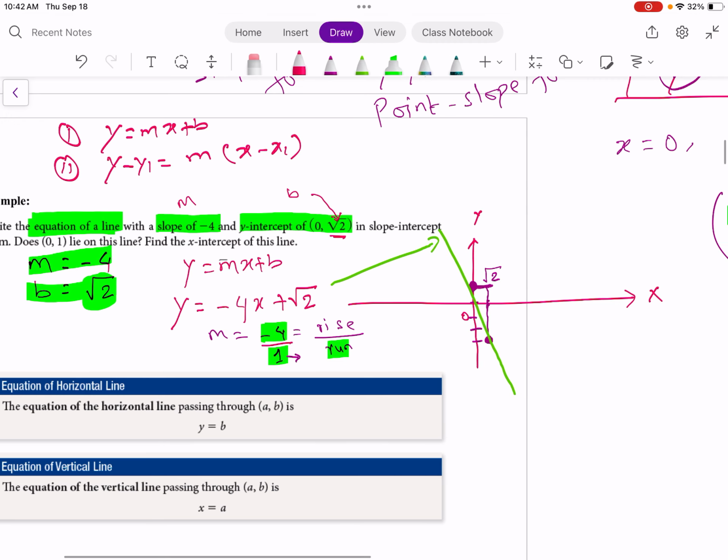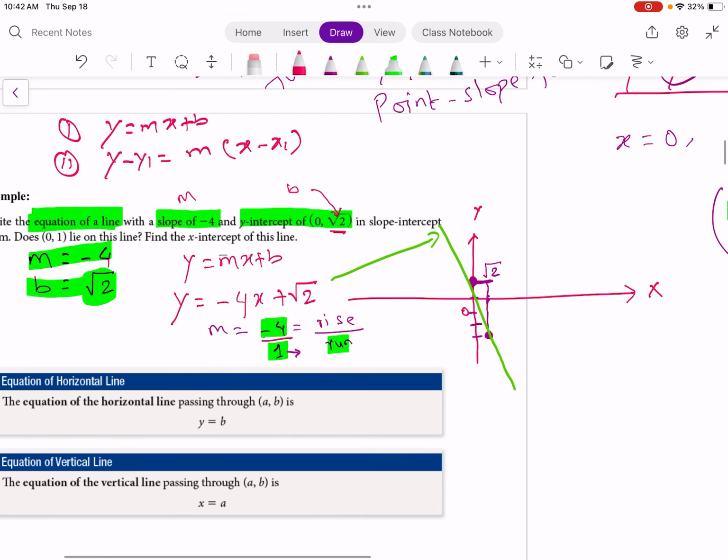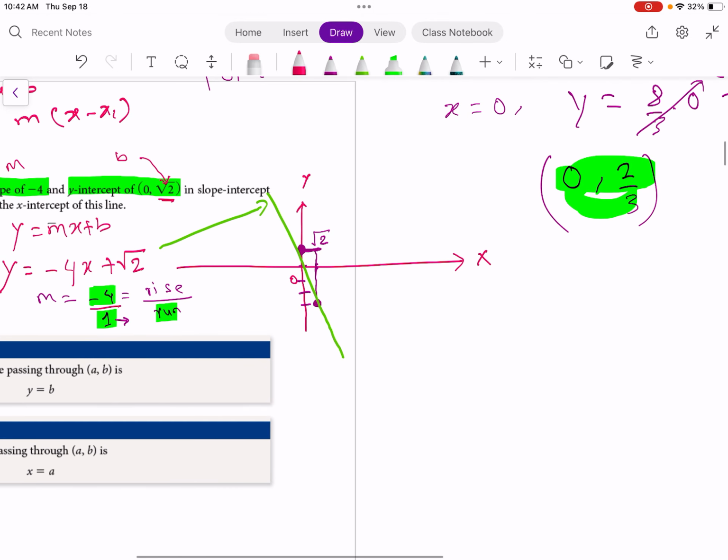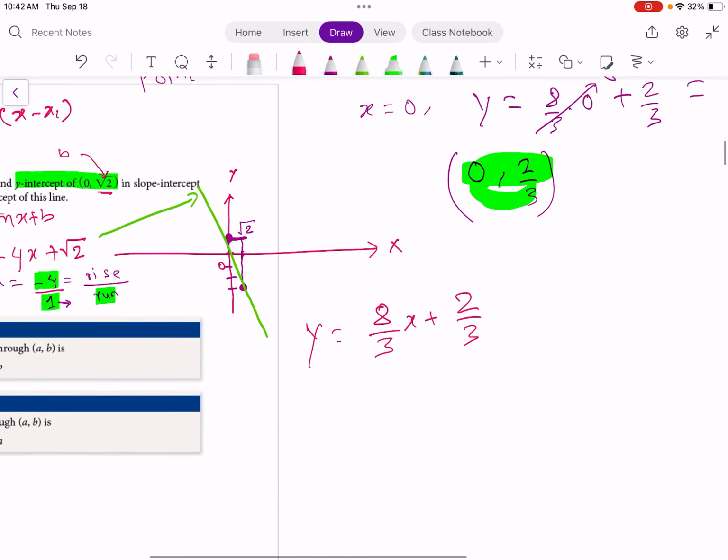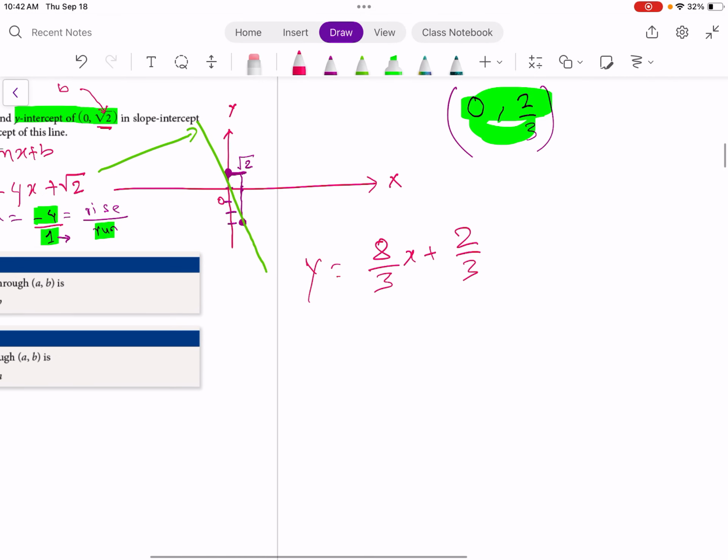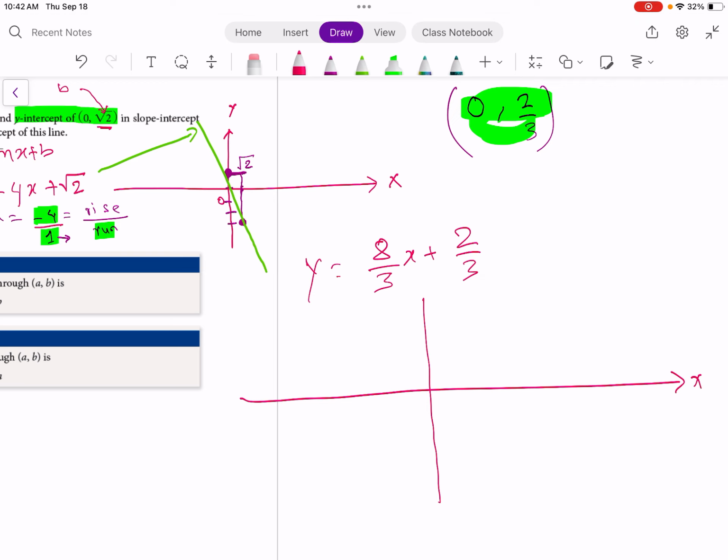Now let's practice one more graphing here. Let's use our previous equation. So we had y equals 8/3x plus 2/3, right? So this is the equation of a line. Now let's graph this. You draw your Cartesian coordinate system. Where do we start from?